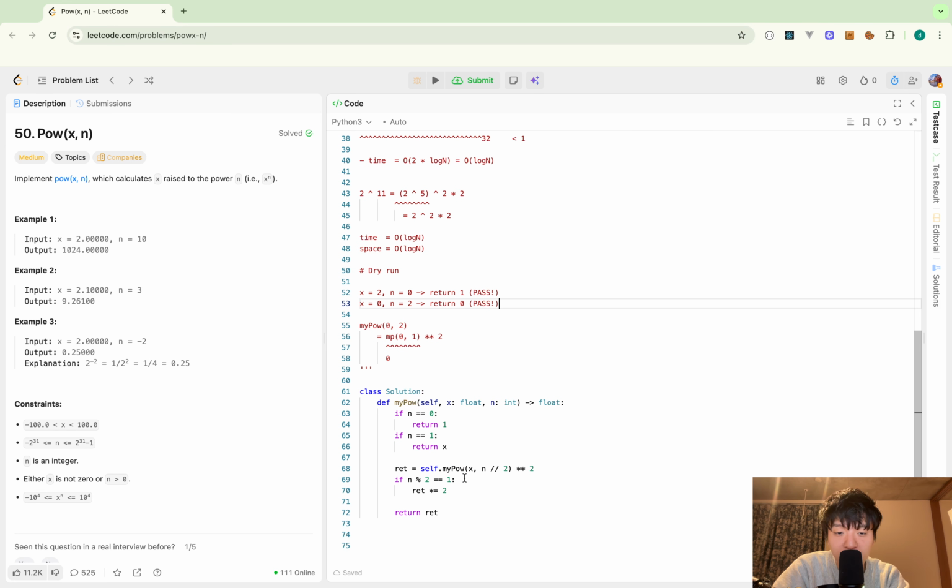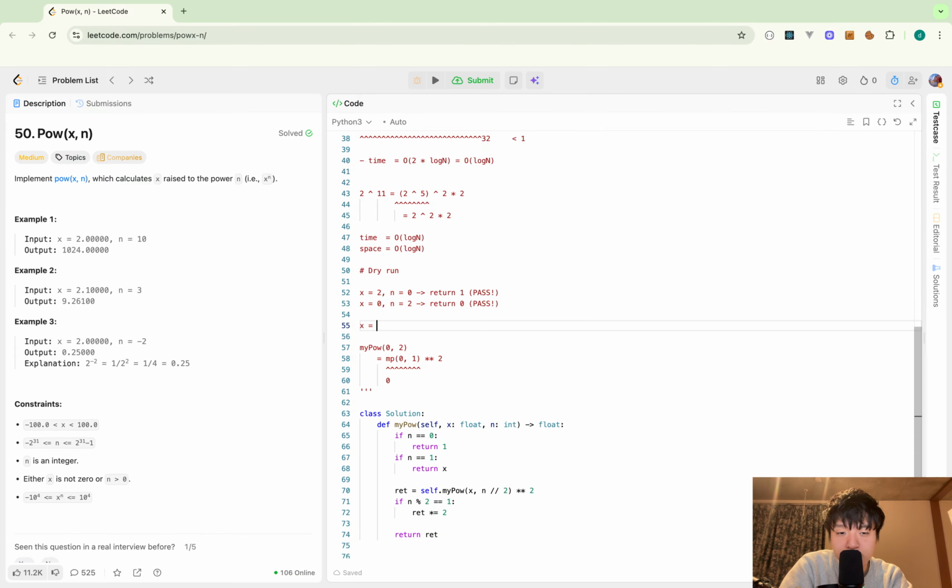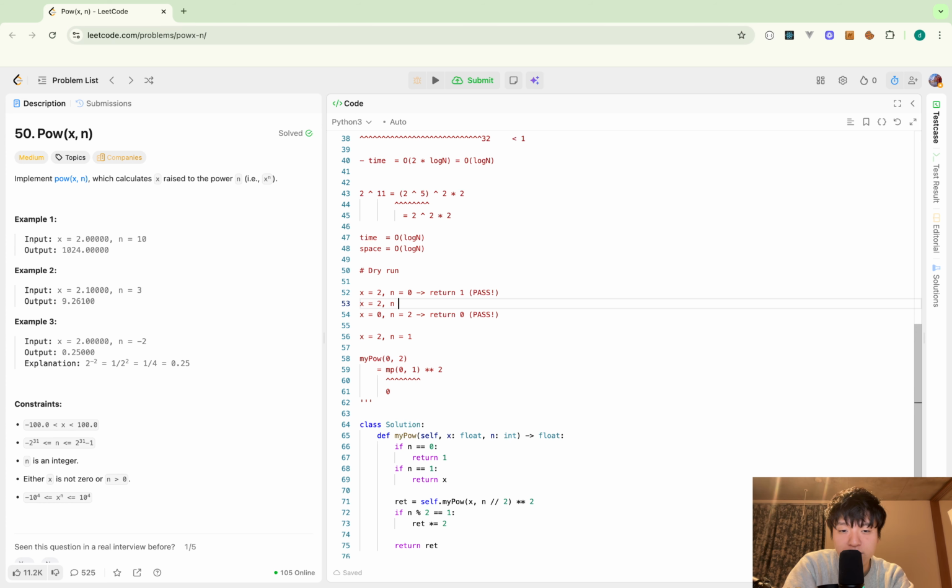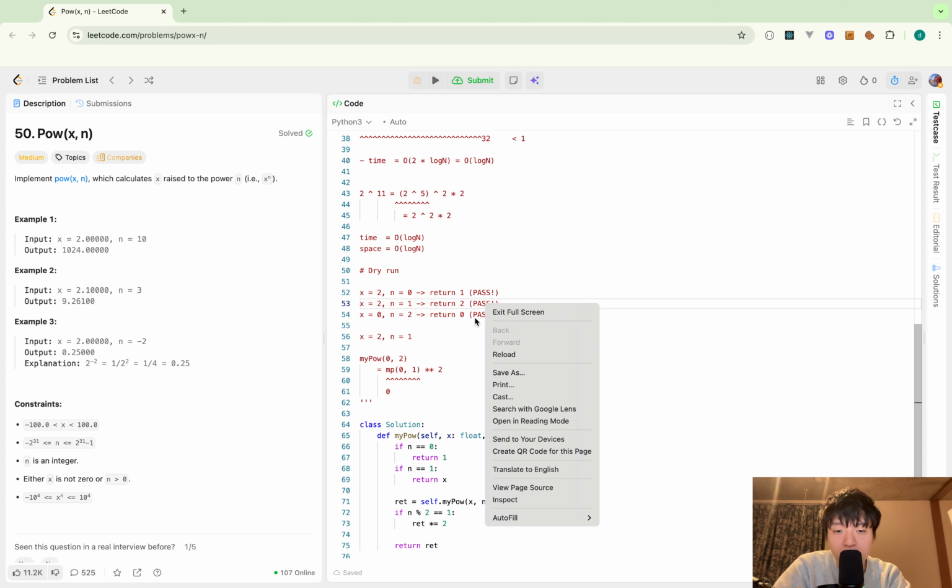So the case I couldn't cover is in line 69, where the modulo of n divided by 2 should be 1. Let me try with something like this. Also, sorry, I didn't cover the case n is 1. In this case, I expect this to return 2. And actually, in line 69, this returns x, which is 2. I pass this. Okay.